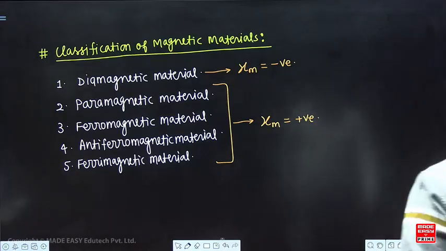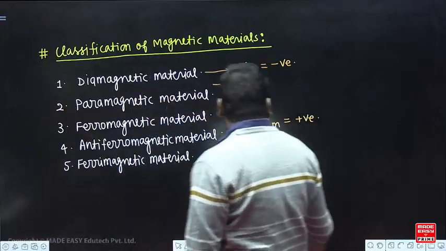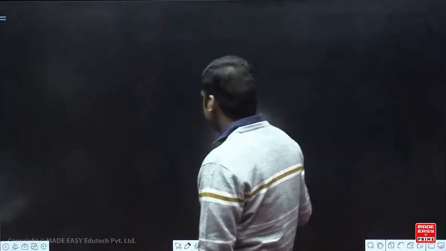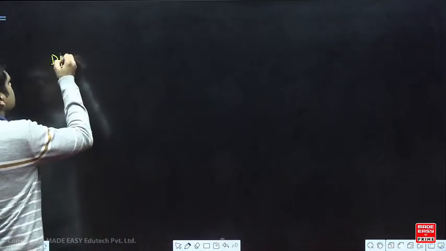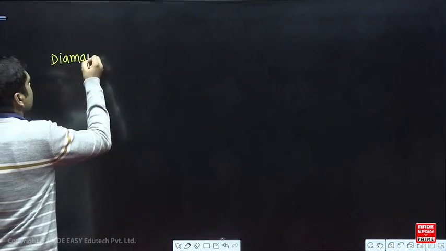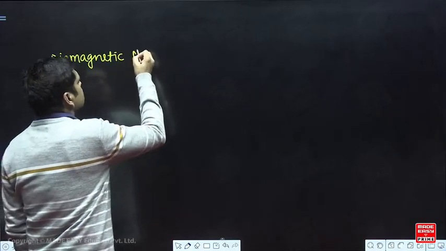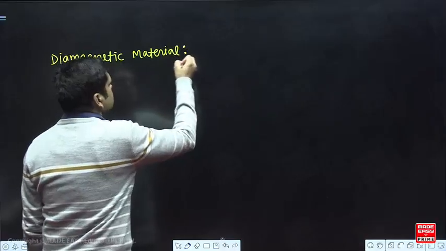Let's go forward. So the first material which we want to study is diamagnetic material. Actually diamagnetic materials are those materials in which electrons are paired. Electrons are paired like hydrogen.